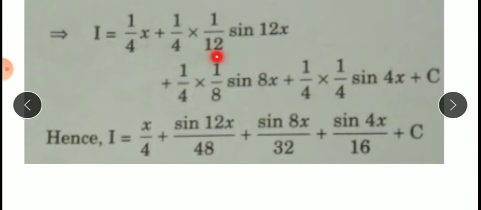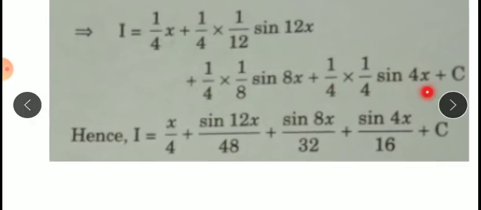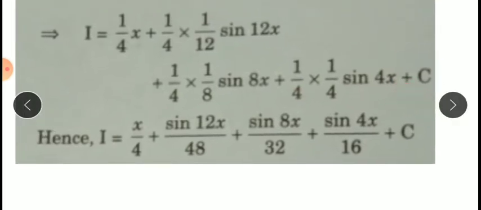The next term's integration is 1 upon 12 sin 12x plus 1 upon 4 into 1 upon 8 sin 8x, using the same process, plus 1 upon 4 into 1 upon 4 sin 4x plus c, where c is known as the constant of integration. Finally, we are getting I is equal to x upon 4 plus sin 12x upon 48 plus sin 8x upon 32 plus sin 4x upon 16 plus constant of integration.